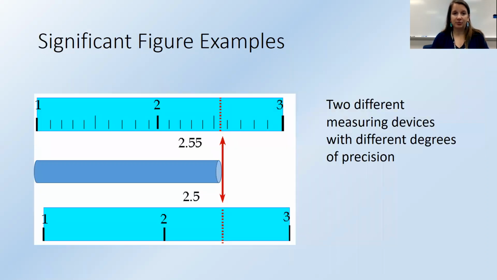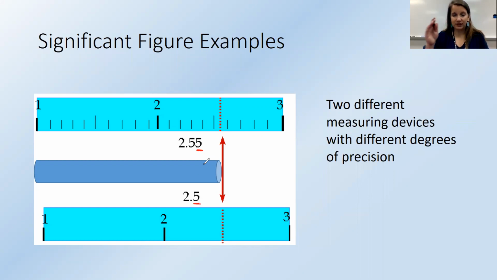When you look at this example here, we've got two different rulers, and we're taking the length of this cylinder. The top ruler has each little tick mark represent an increase of a tenth. And this one down here represents just an increase of 1. So when we're estimating our extra digit, this one we're going to estimate to this position here, whereas this one can only estimate to the tenths place.